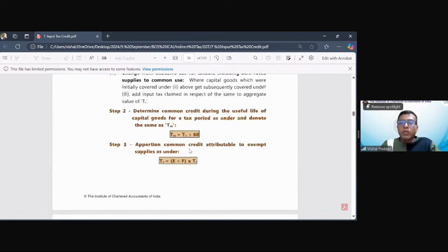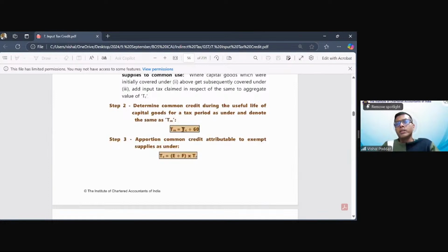Now this per month common credit will be by taking the common ITC. Common ITC is ITC of those assets which are used commonly for X and Y. It will include all your furniture items because they are common, and includes those machinery like packing machinery which are common for both products. Now this ITC divided by 60 will give you your per month ITC.